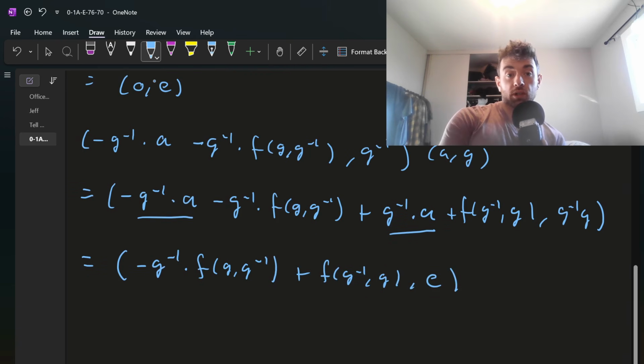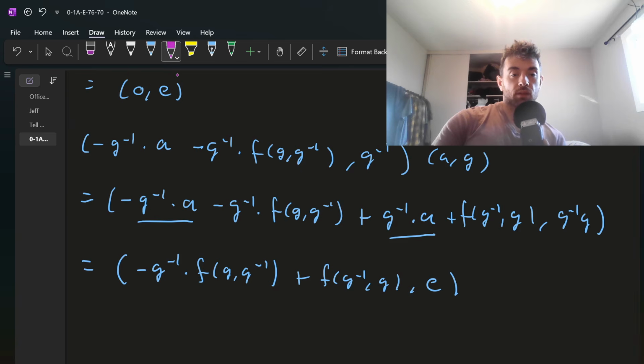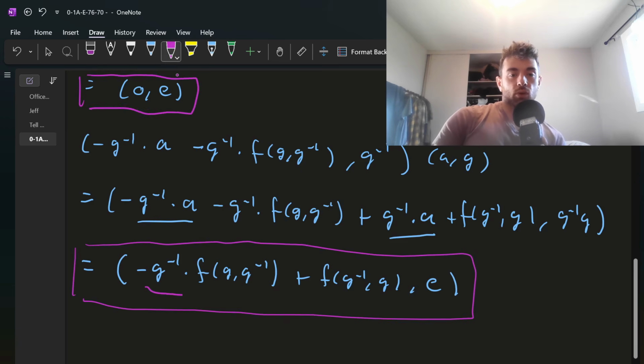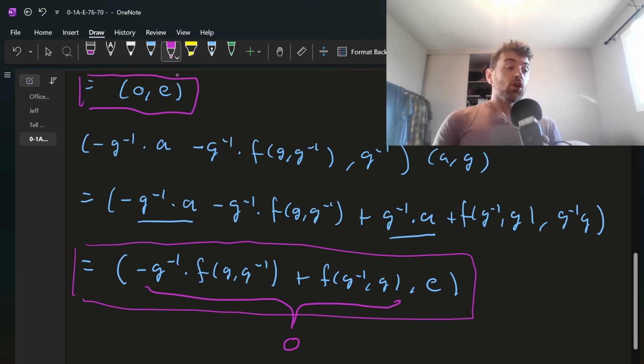If we want this to be a two-sided inverse, this term here had better agree with this term here, right? But that is only going to be possible if this thing in the second term is equal to the identity.